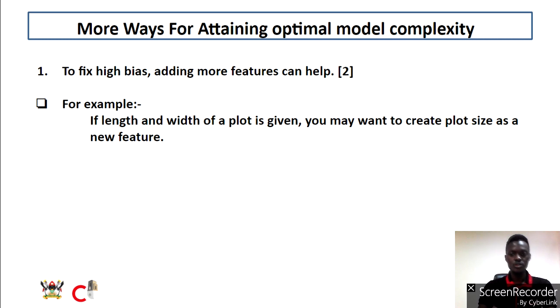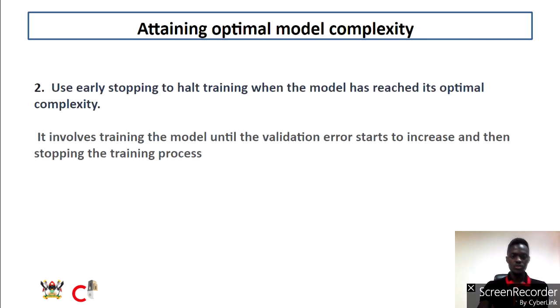To fix high bias, adding more features can help. Let's say you're given the length and width of a plot. You can find another feature such as the plot size, since they have given you length and width. So that is one of the ways.